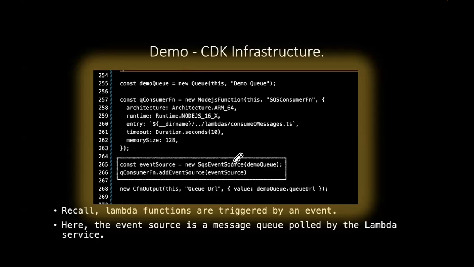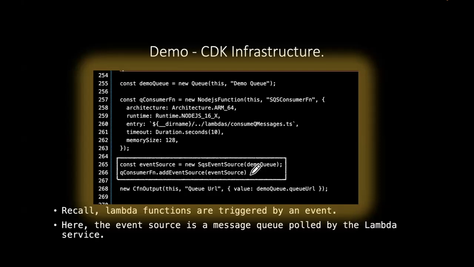Remember, we said Lambda is an event-driven compute resource. So what's the event in this case? Well, the event is being provided by the SQS service. The first line of code is creating an SQS event source independent of any consumer.